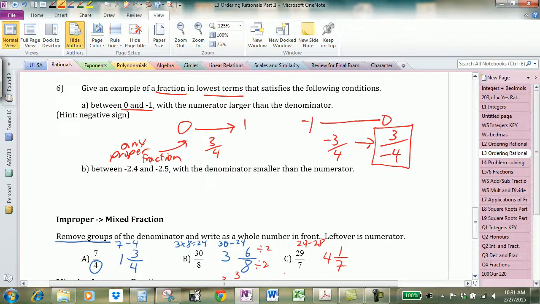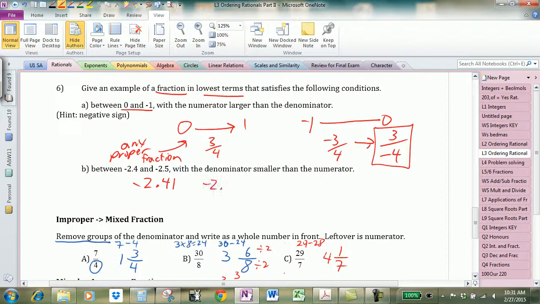So what's in between these two? Negative 2.4 and negative 2.5. What are some numbers in between there? Negative 2.45. Yeah, it's a lot higher, but what's one just a little bit lower?